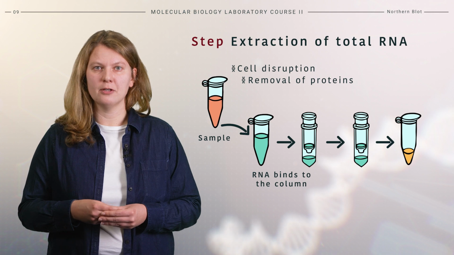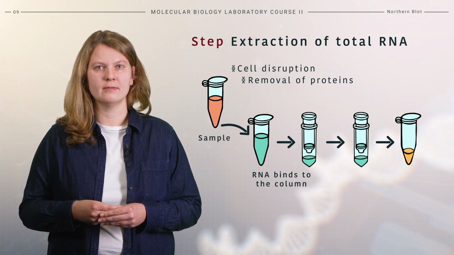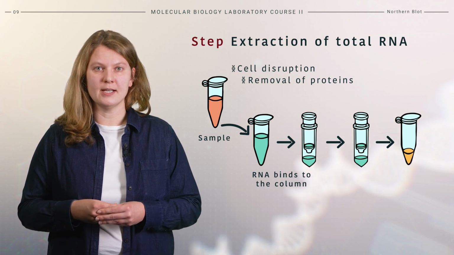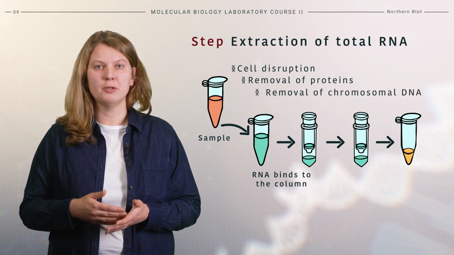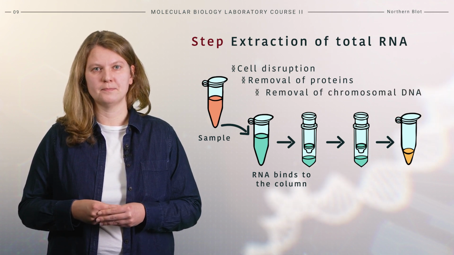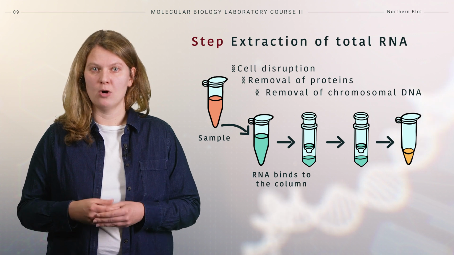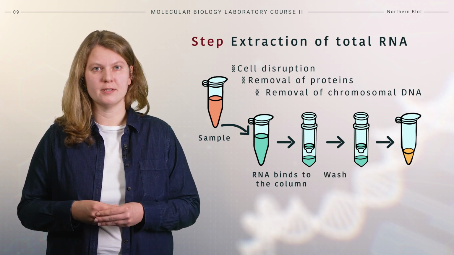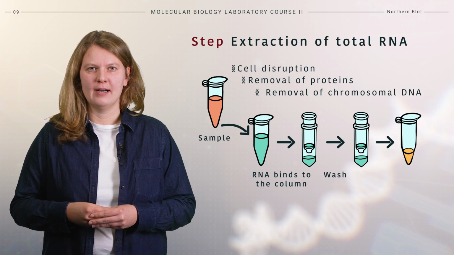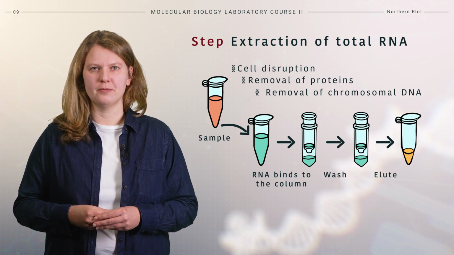This results in the binding of nucleic acid to the membrane. An additional step of DNase treatment is applied to remove the genomic DNA from the sample. The membrane is then washed to remove impurities. Then, RNA is eluted with RNase-free water.